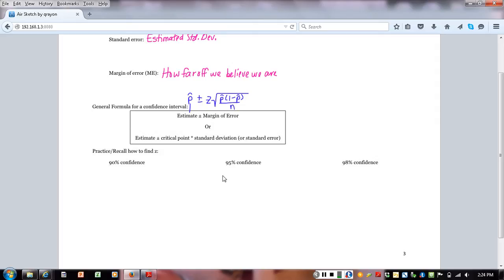Or down here, the estimate is still p hat. Your critical point is a z, and here we technically had a standard error of that square root of p hat times 1 minus p hat over n. This is just the general form of what a confidence interval will look like.